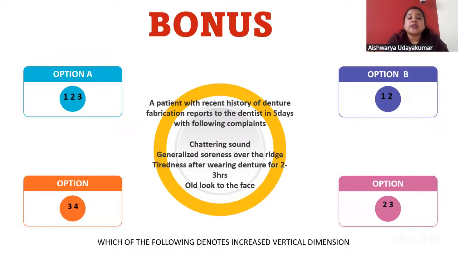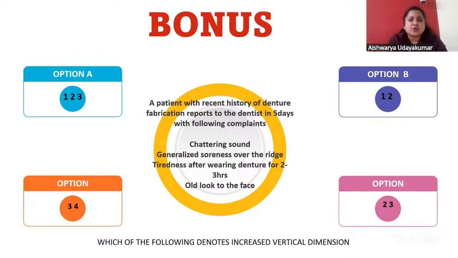Which of the following denotes increased VD? It is something from all the questions. This is something that comes with whatever we discuss. You see that it's all repeated, right? So there are basic ideas that I have provided to you. Please apply these same to further questions that you try.